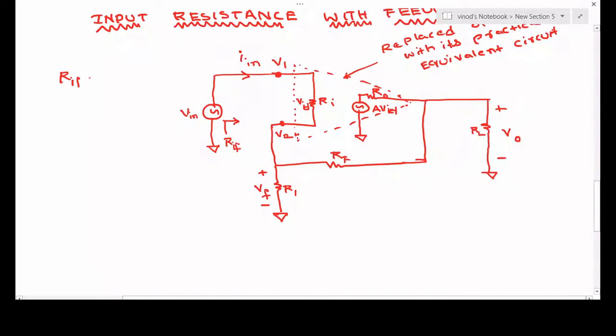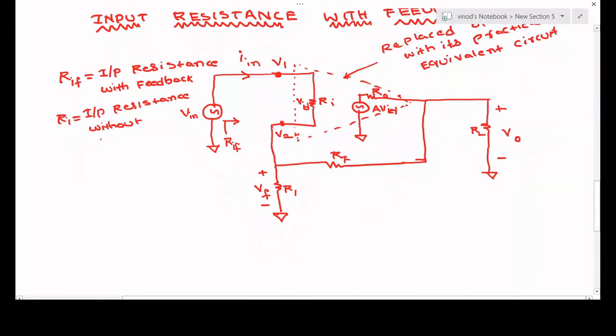RIF is the input resistance with feedback. Where RI is the input resistance of the ideal op amp, that is, the input resistance without feedback. In short, I am writing RIF for the input resistance with feedback.